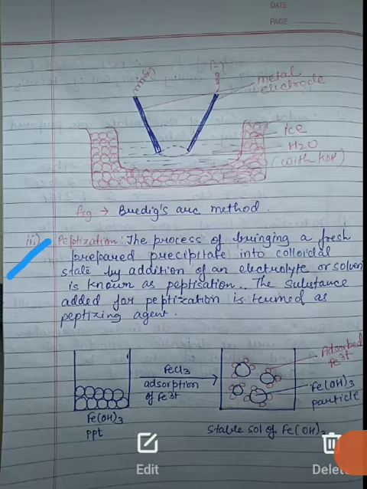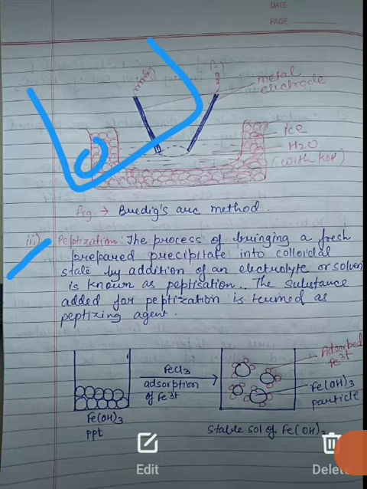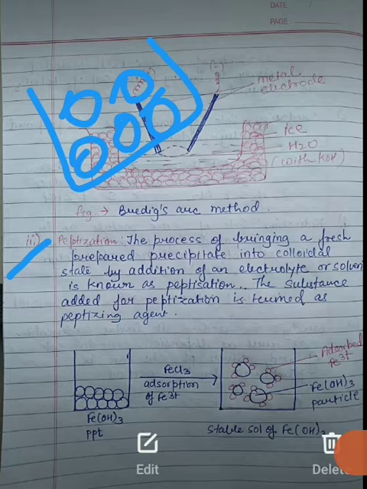This is known as peptization. The substance added for peptization is termed the peptizing agent. Suppose there is a precipitate of Fe(OH)3.